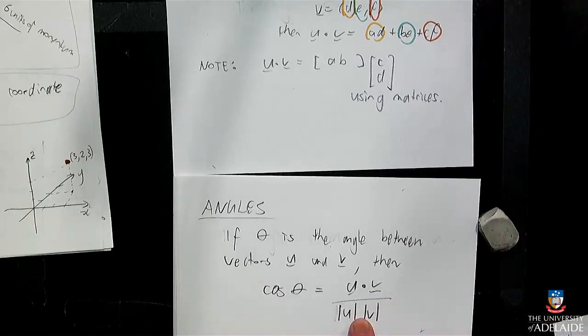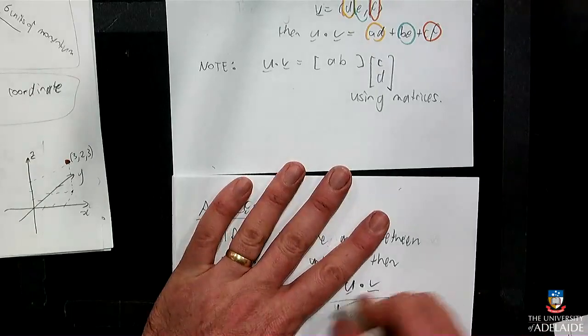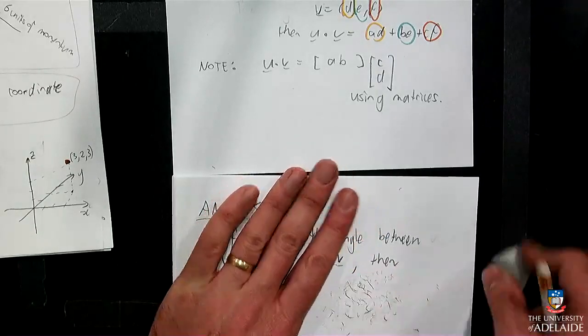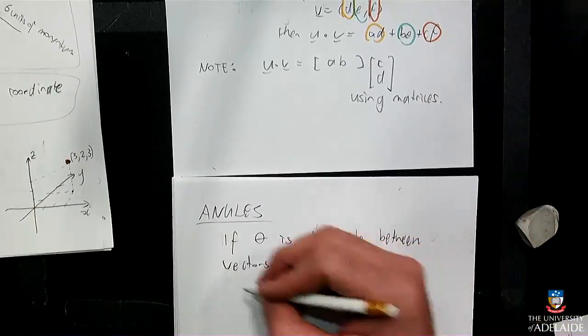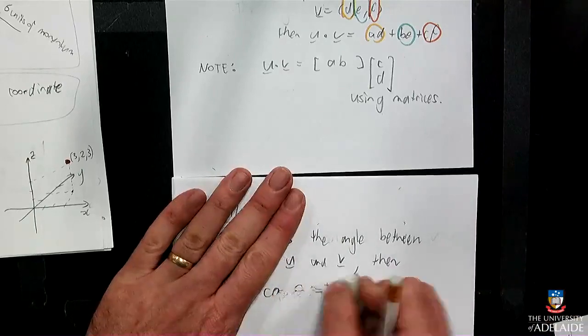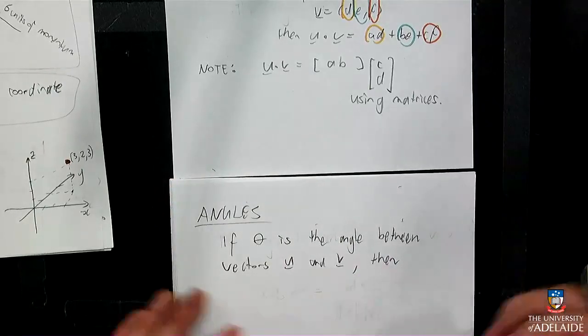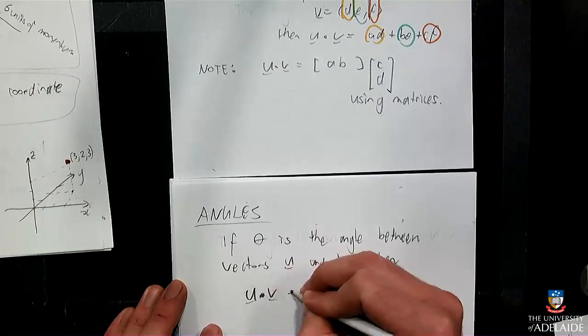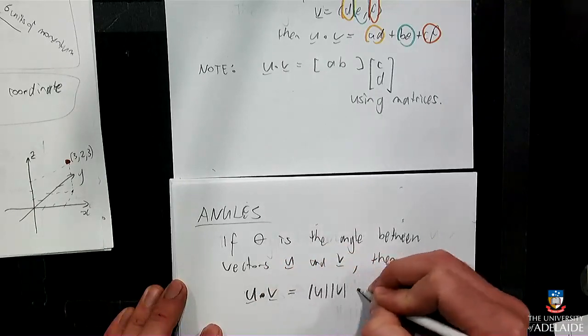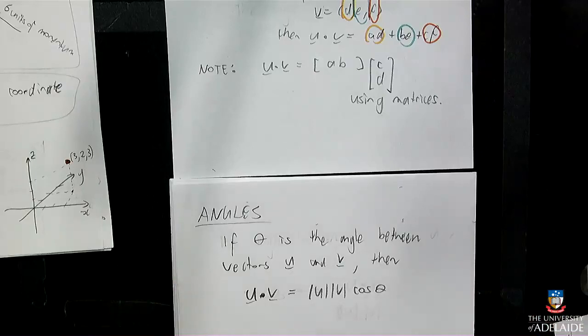There is no multiplication sign here because these are numbers. And in fact, dividing by the lengths really isn't a thing. We never said we could divide by length, so technically it's more that u dot v is the same answer as the length of u times the length of v times the cosine of the angle between them.